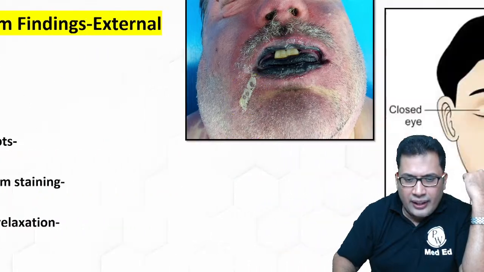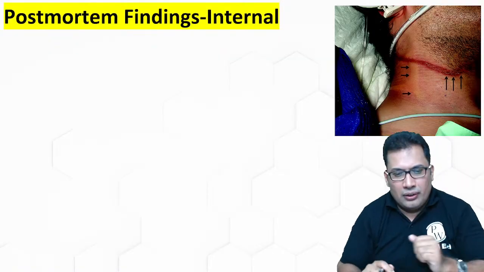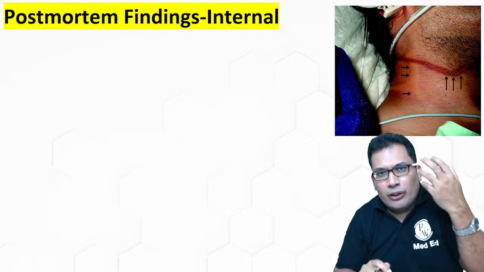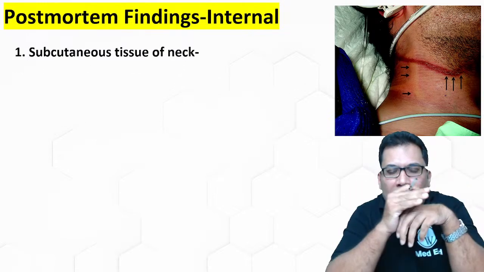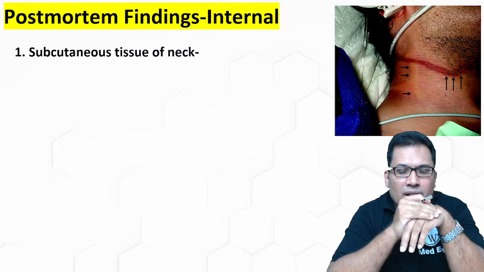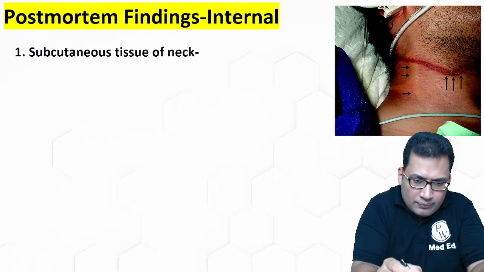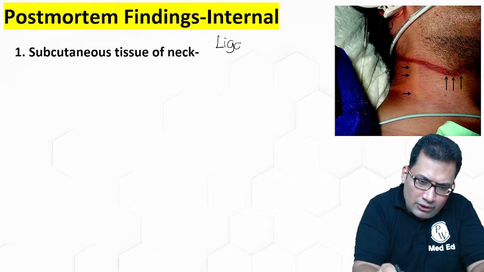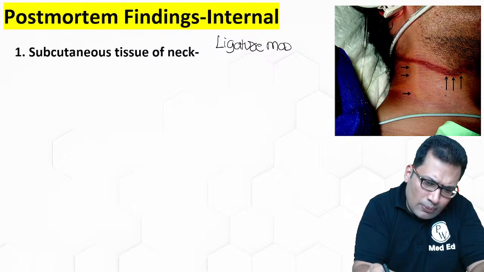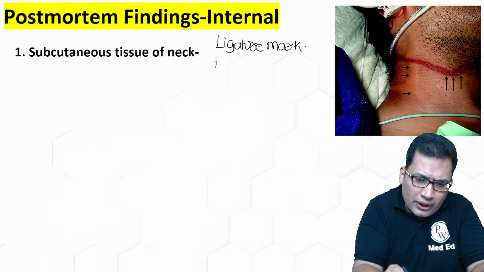So, next, internal findings. What are the internal findings in case of hanging? In the subcutaneous tissue of the neck, you will see the ligature mark. When you see the ligature mark, it is dry and hard.